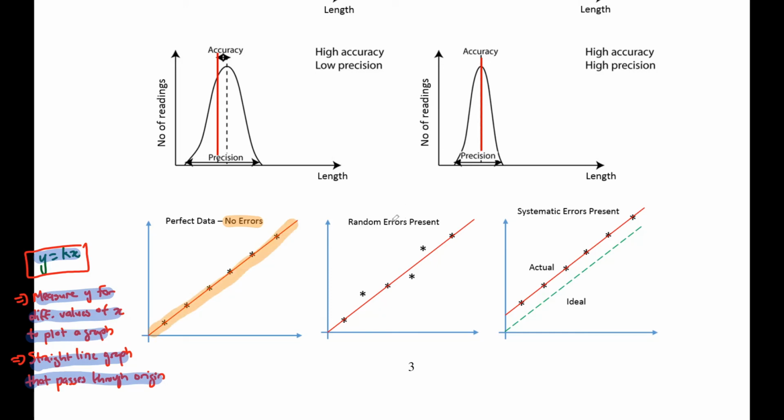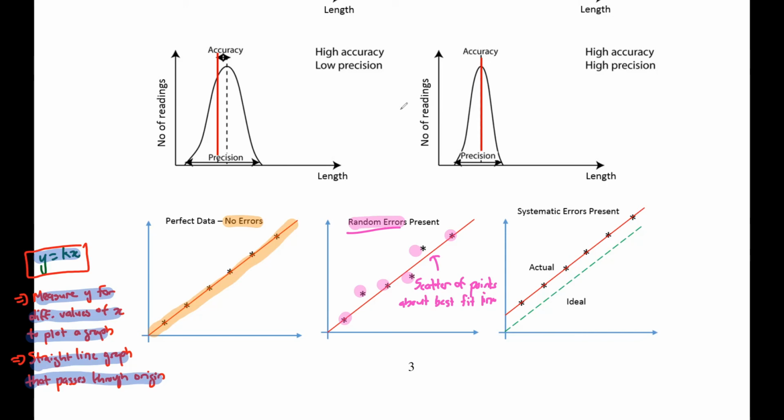On the other hand, if we have random errors, all the points would be scattered about your best fit line. So if you see that there is a scatter of points about the best fit line, you would say that there are random errors.